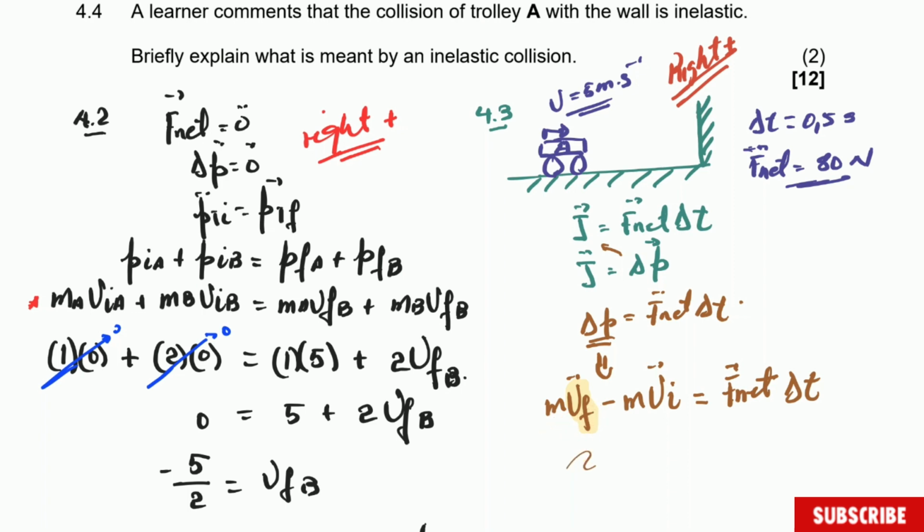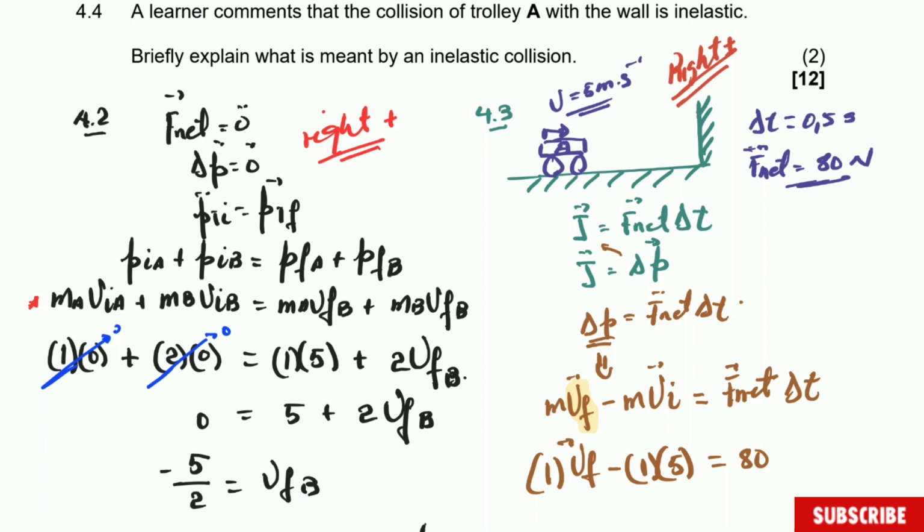All right, so we have the mass, which is 1. So it's 1 multiplied by the final velocity, minus 1 multiplied by the initial velocity, which is 5, equal to F net, which is 80.